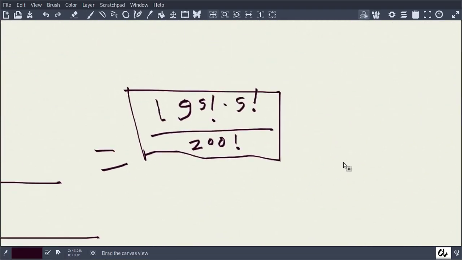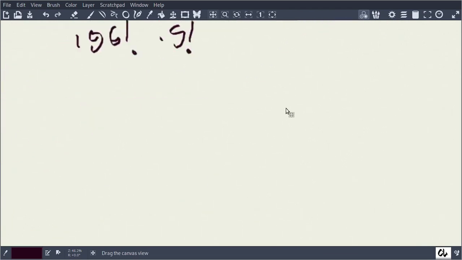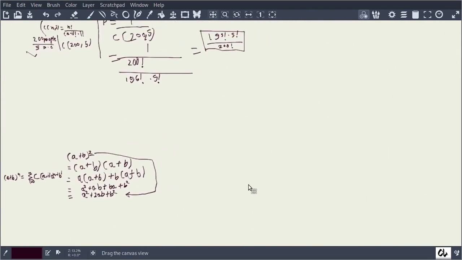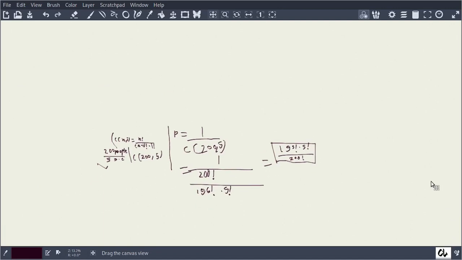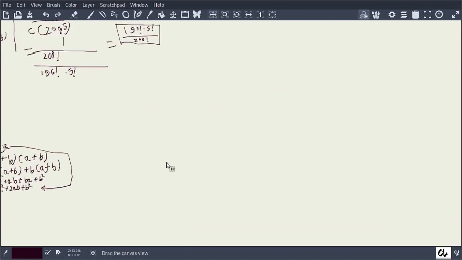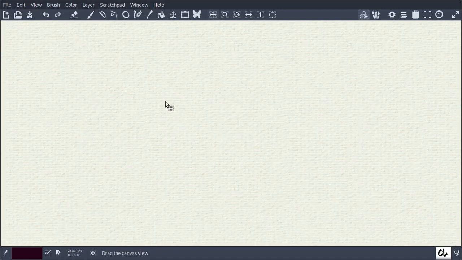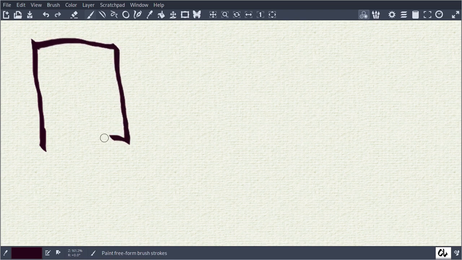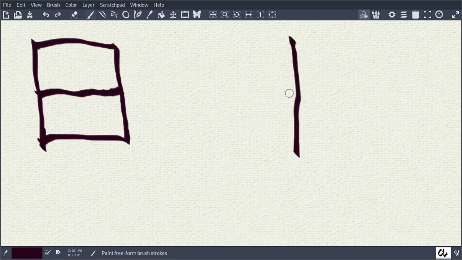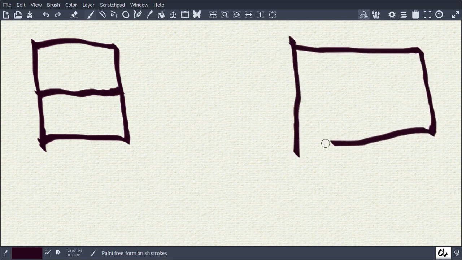Now we have a basic understanding of what combination is. Now we can see the logic of how the multiplication of a plus b works. It looks like a Japanese kanji for some reason, but how did we do a plus b?